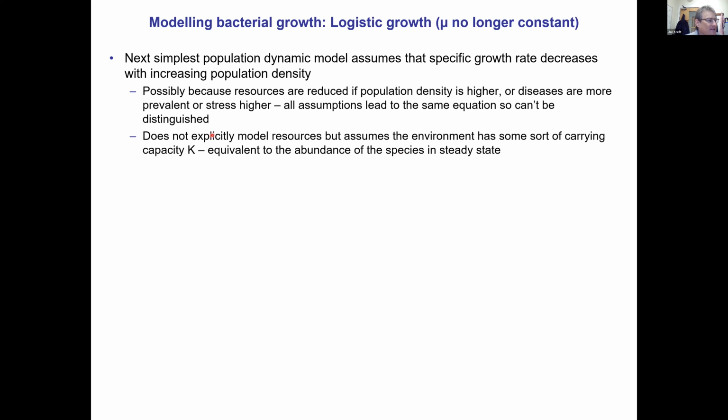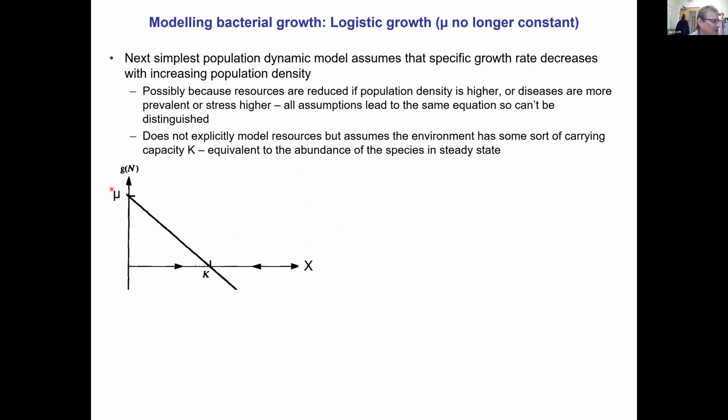So in this case, we are not explicitly modeling stress or disease or resource availability. We are just assuming that at a higher population density, conditions are somehow worse, and therefore the specific growth rate of the population will be lower. So this is how you can envisage this.